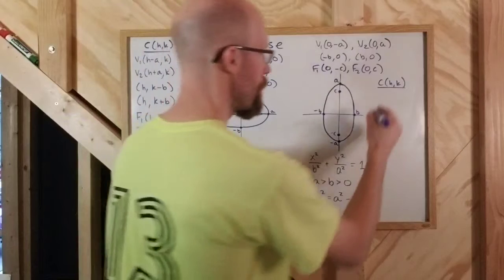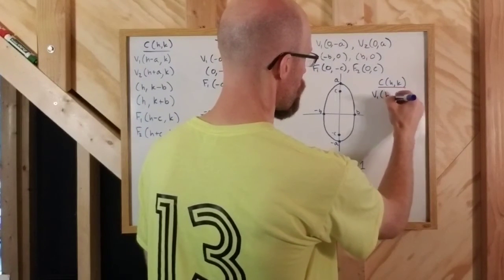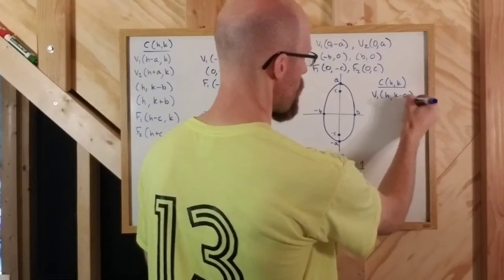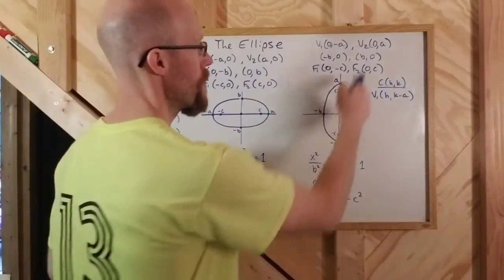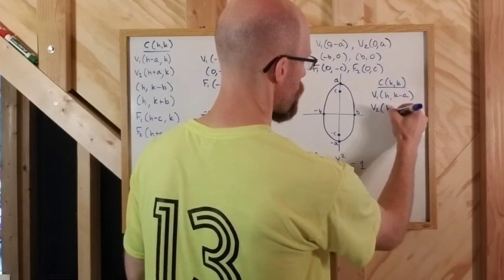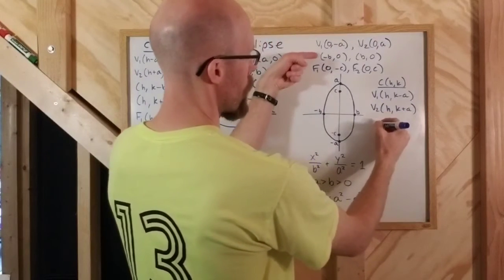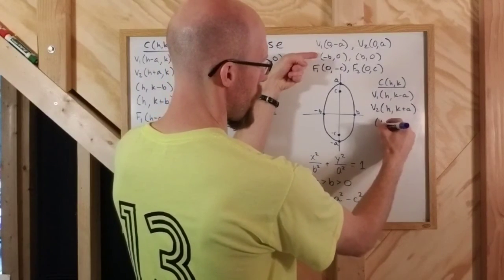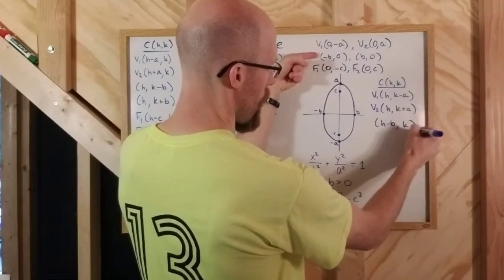Vertex 1 becomes h, k minus a. Again, add in h, add in k. Vertex 2 becomes h, k plus a. The point on the minor axis here becomes h minus b, k.